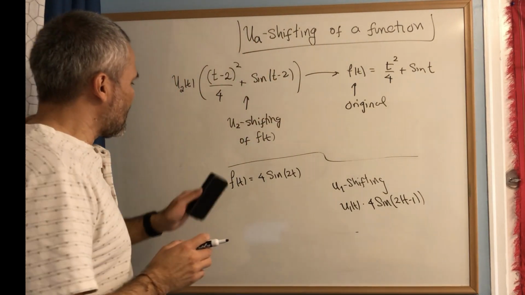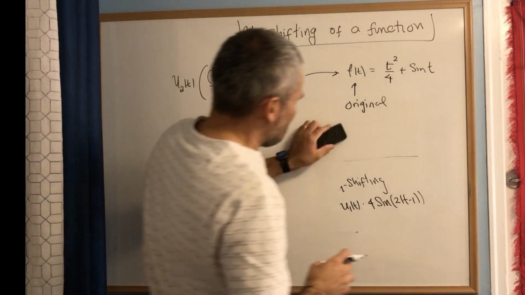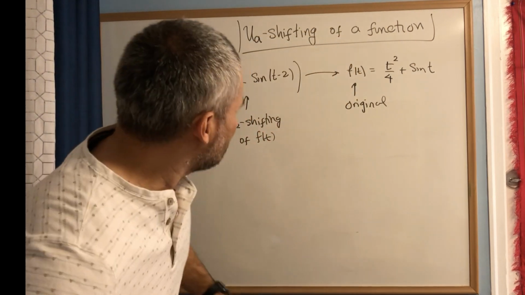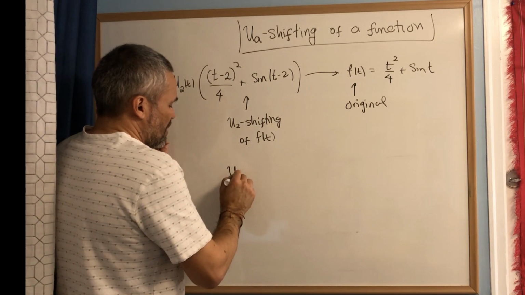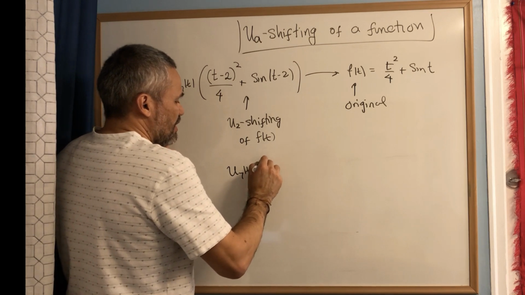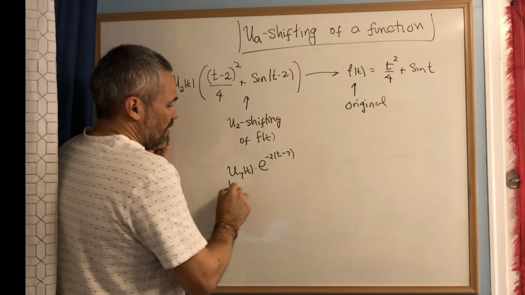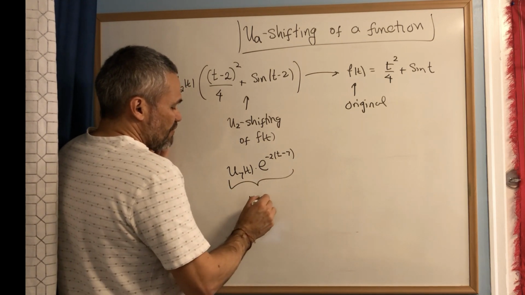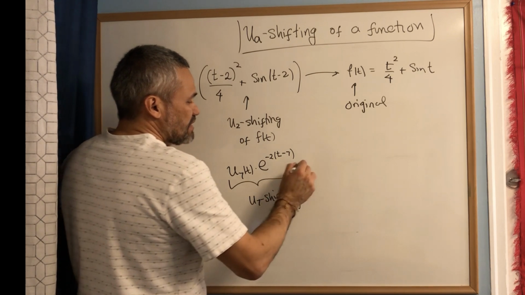Maybe one last example. This was kind of obvious, but let me do another one that is going to appear a lot. It's like u7 of t times e to the negative 2 times t minus 7. If this is the u7 shifting, what is the original?